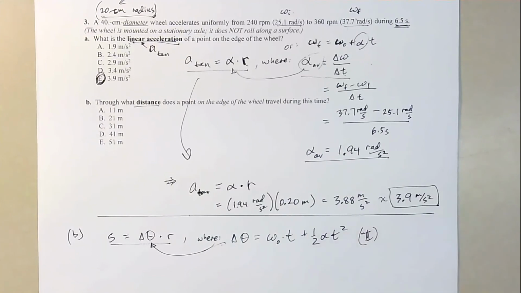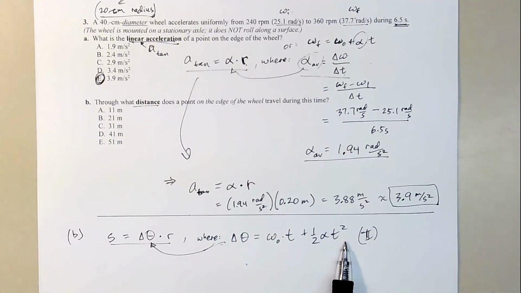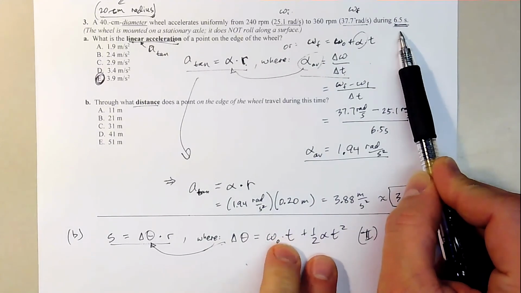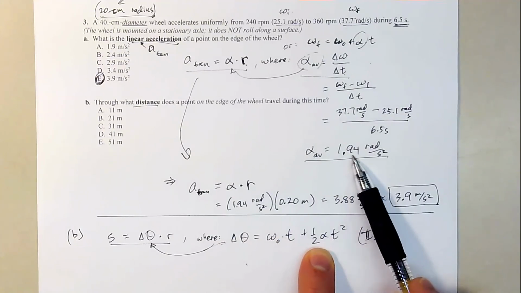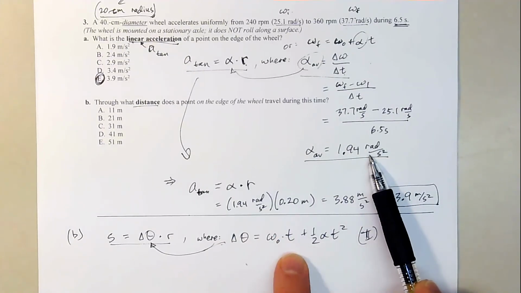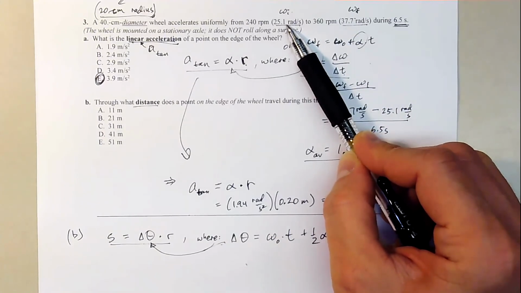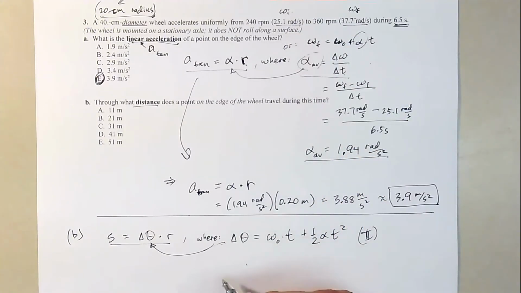Do I know everything else in here? Well, it looks like I do. Time is given up above as 6.5 seconds. Angular acceleration, we already found in the previous part. And initial angular speed, we are given in the problem.